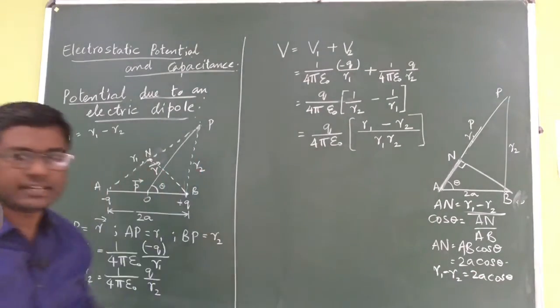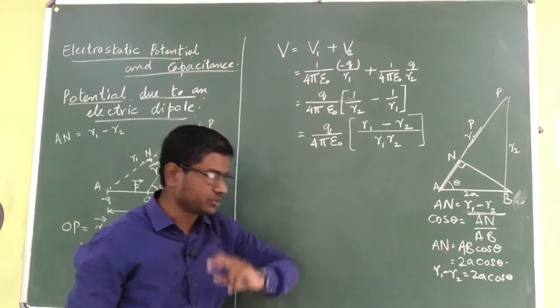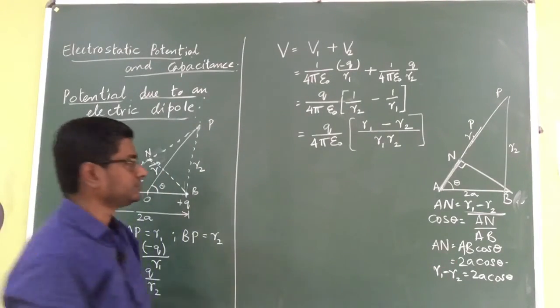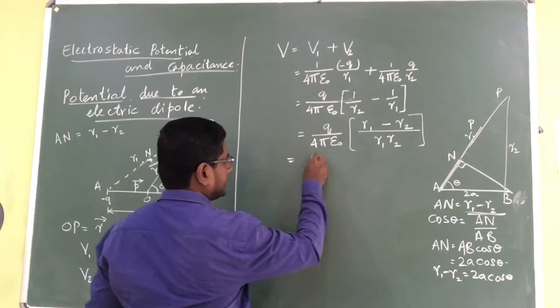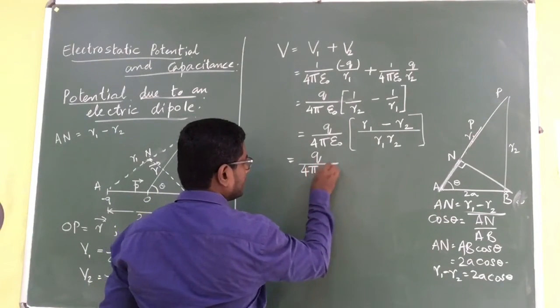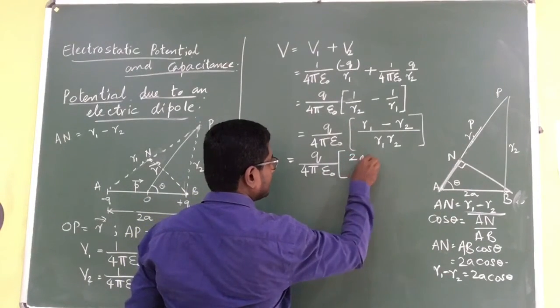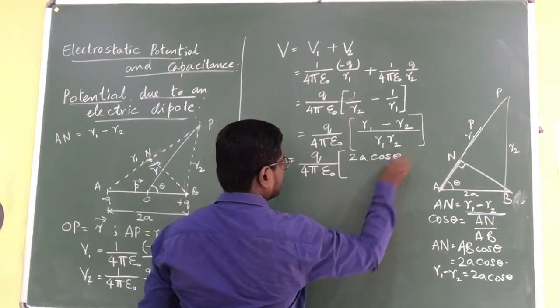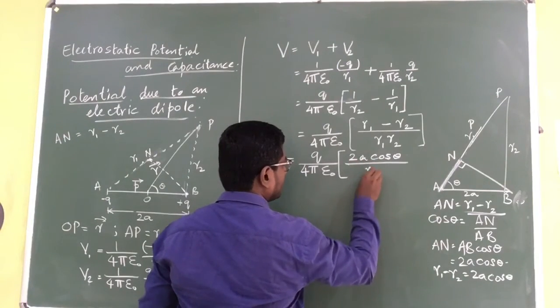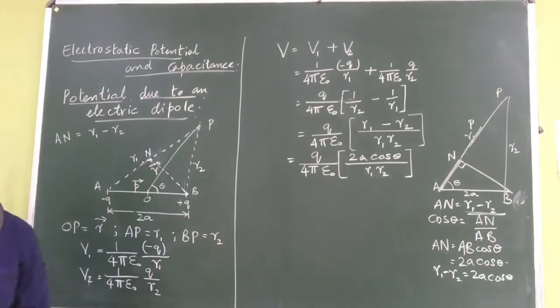So I can replace the numerator, R1 minus R2, by 2A cos theta. I am going to rewrite that: Q divided by 4 pi epsilon naught into 2A cos theta divided by R1 R2, and that is going to be concluded.